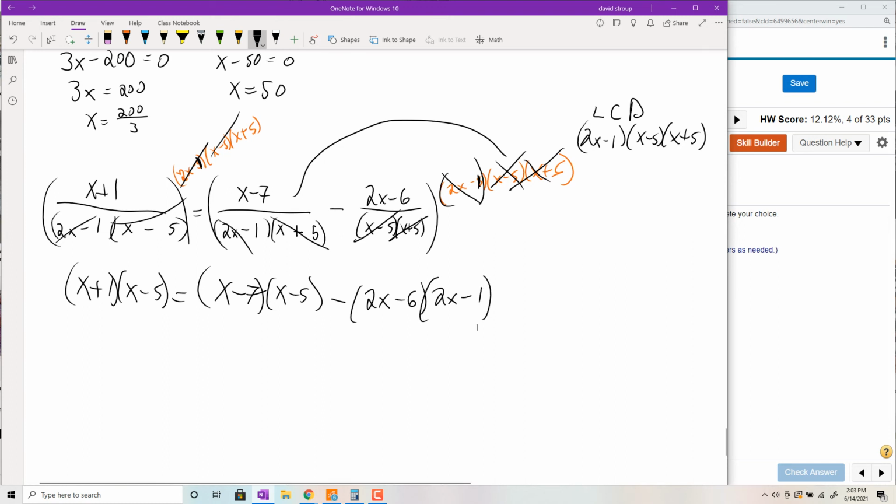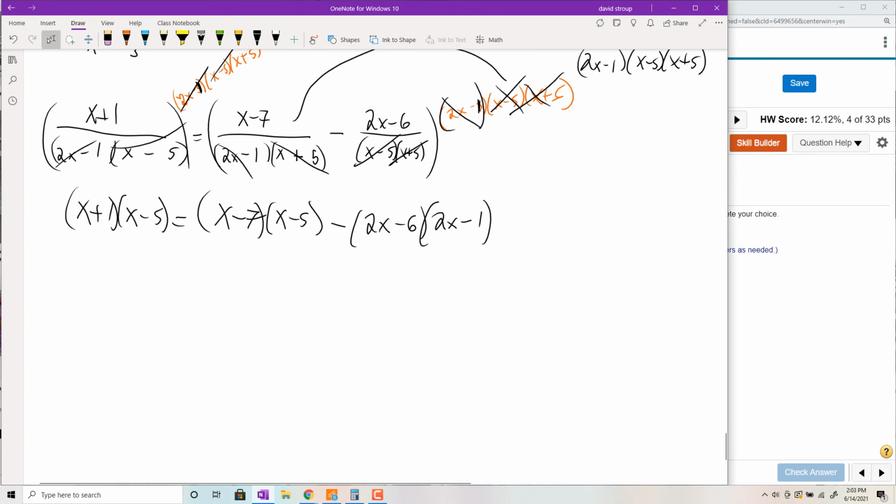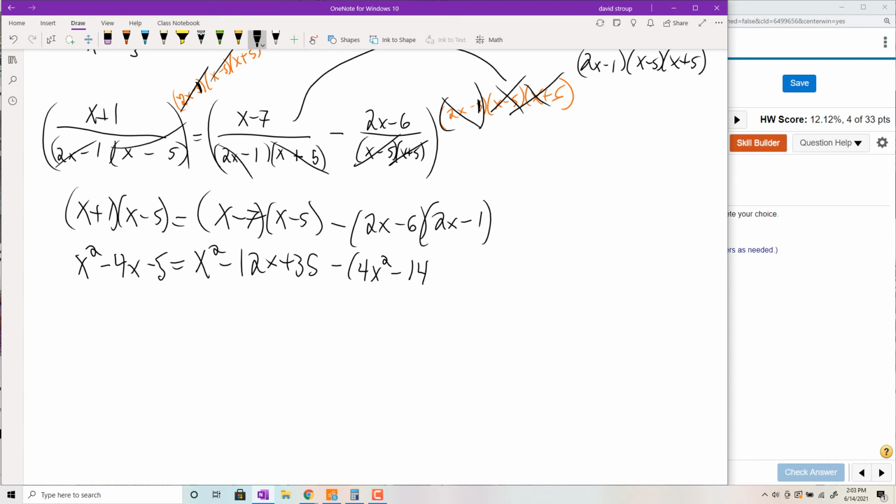Okay, I need to do some FOILing. So I have x squared minus 5x plus 1x is minus 4x, and then minus 5. On the right, x squared minus 7x minus 5x, so that's x squared minus 12x plus 35, minus 4x squared minus 12x minus 2x is minus 14x, and then plus 6.